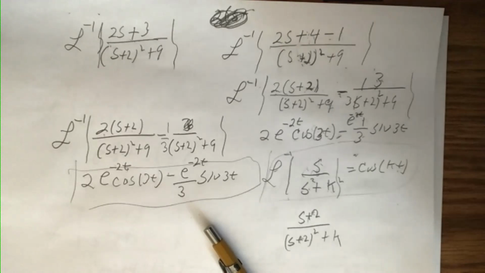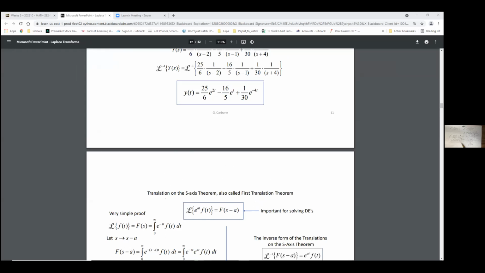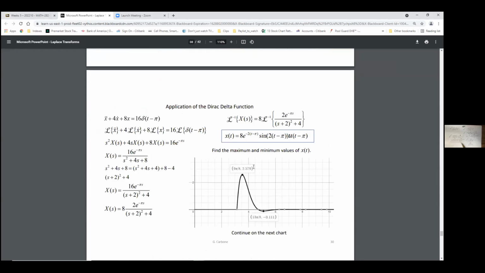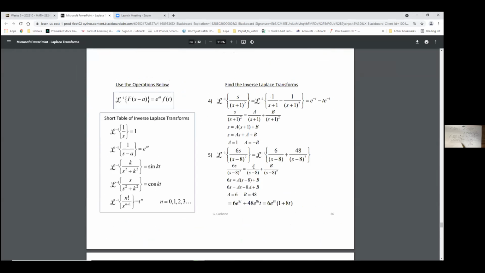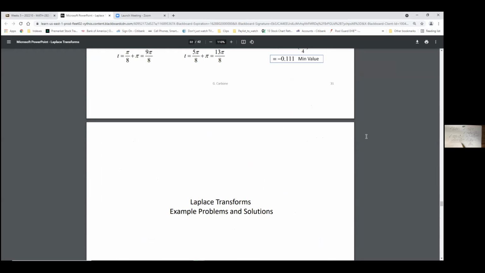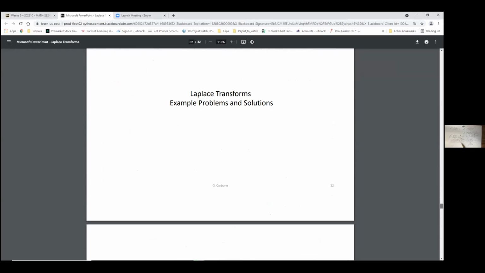Okay, so let me just share my screen for a second here. Like I said, we're not doing anything new today. Okay, hope everybody sees the screen. So I added a section here: Laplace transform example problems and solutions.